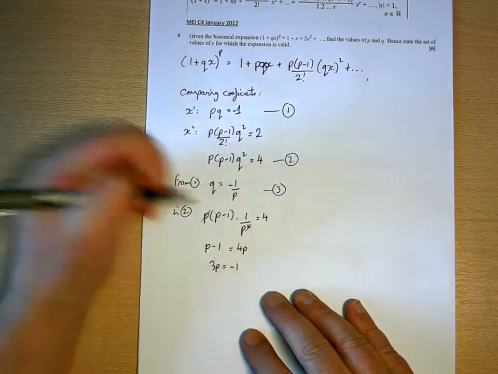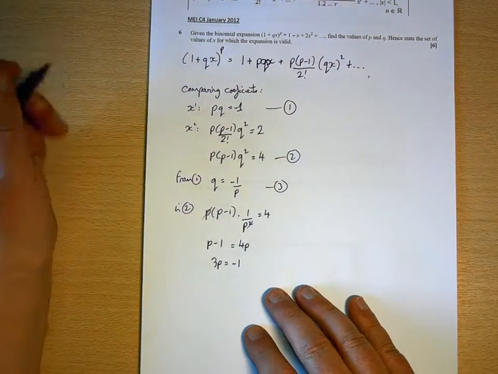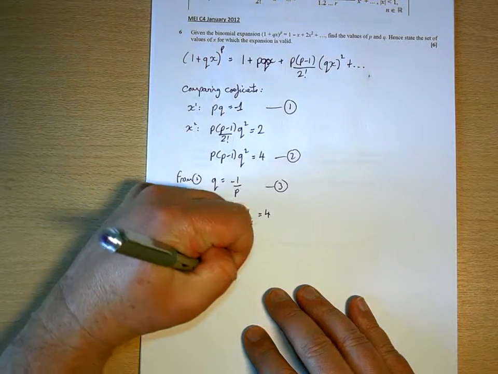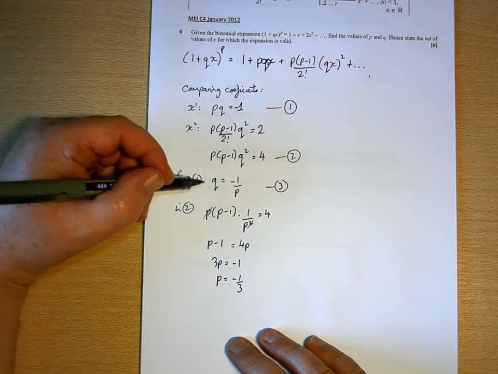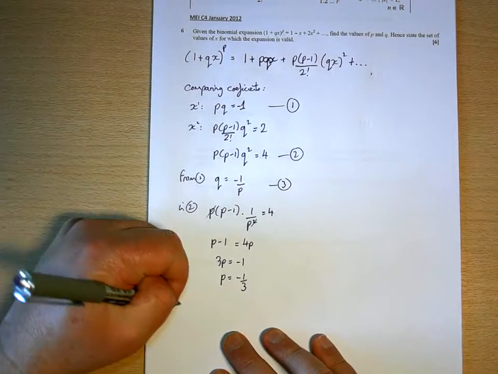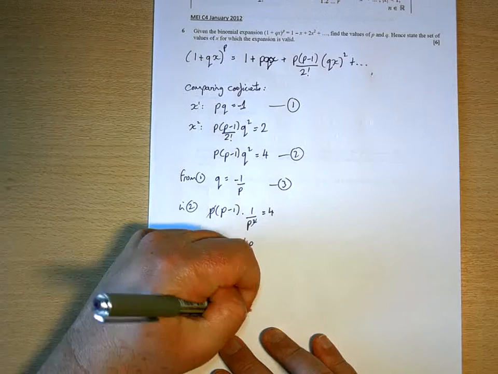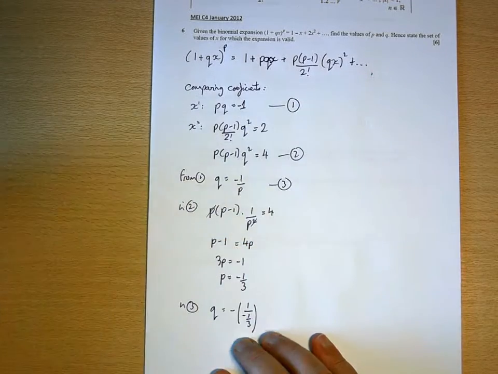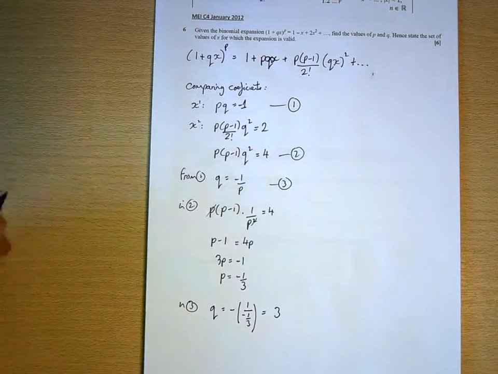So 3p is negative 1. So I take that p over there and it becomes a subtract. So p is minus a third, and I then put that into equation 3. Q equals minus 1 over minus a third, which will become plus 3.